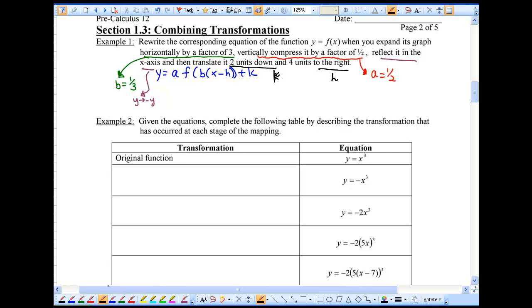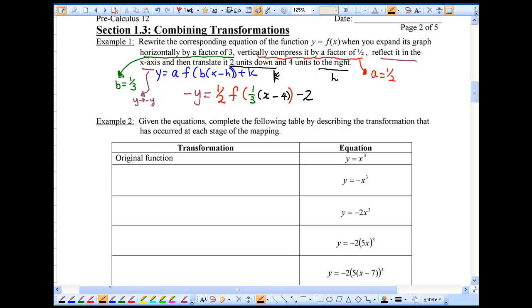We got y. Oh, wait a minute. It's negative y equals the a value, f of b, x minus 4, because I'm going 4 to the right, and then 4 units down means, 2 units down means I go minus 2.